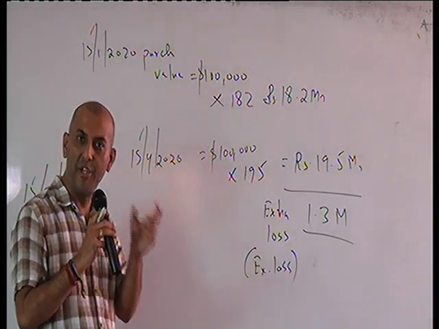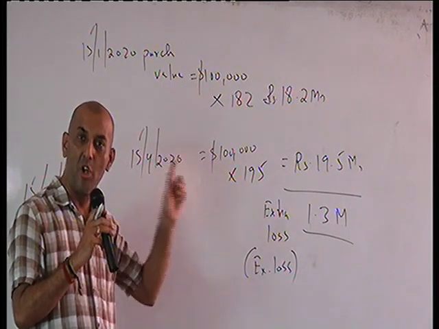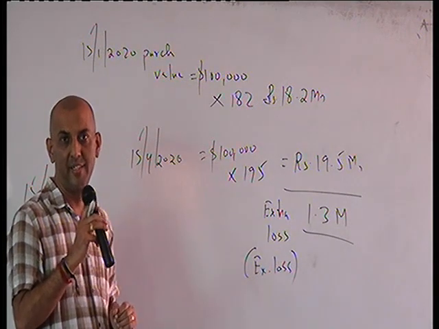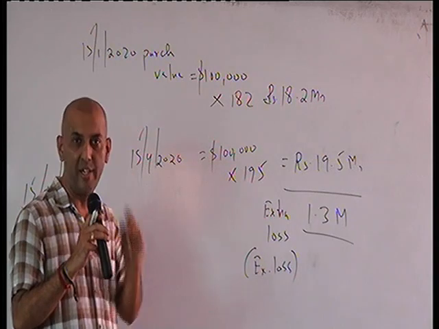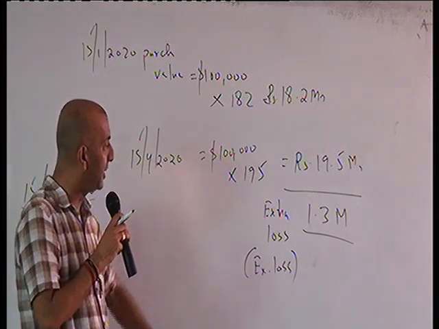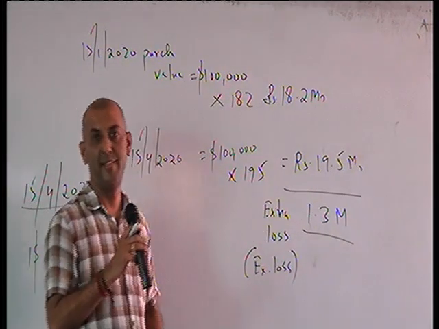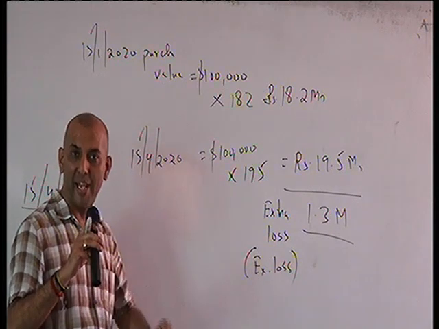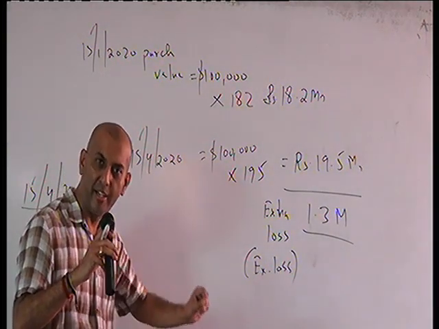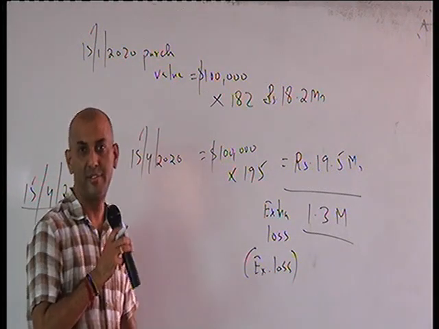13 rupees per dollar, Sri Lanka rupee has depreciated and dollar has appreciated. Since Sri Lanka rupee has depreciated by 13 rupees per dollar, for the $100,000, I have to incur 1.3 million rupees. As a Sri Lankan company, since I am paying on 15th of April 2020, I am losing 1.3 million exchange loss.